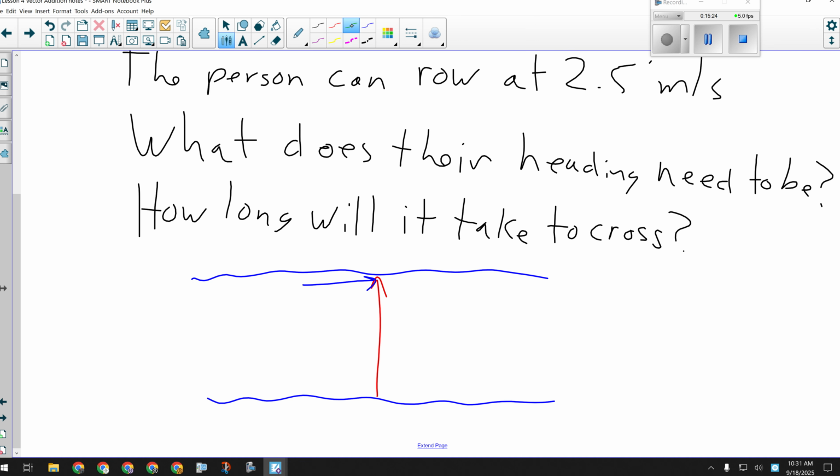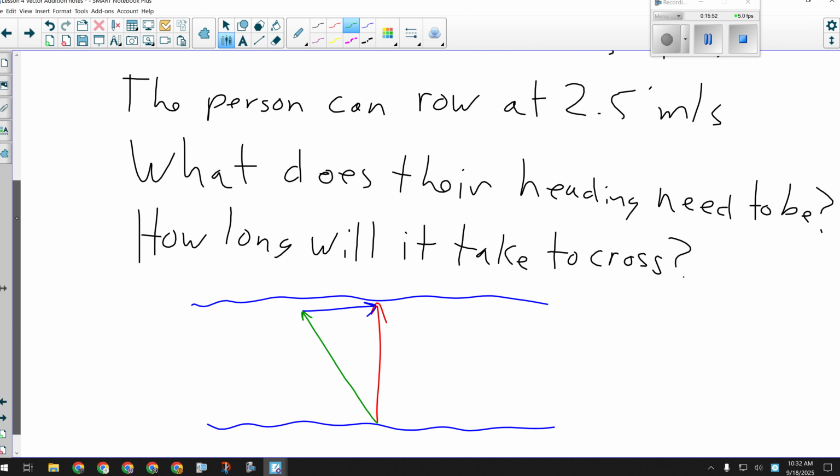Okay, so I would have my rowing speed actually being the hypotenuse this time. Okay, most of the stuff we do with vectors, your resultant is the hypotenuse, but in this case, it's not. Your resultant actually ends up being a little shorter, okay, because you're combining two things that are working against each other.